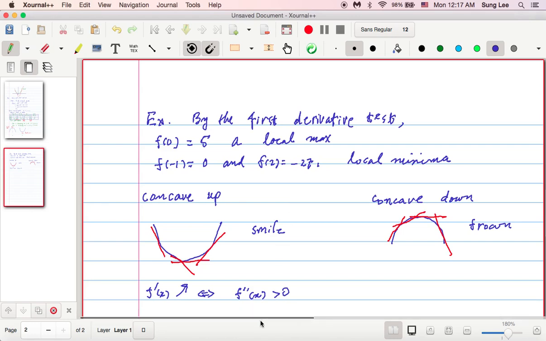Here I applied the increasing, decreasing test. So that's equivalent to saying f double prime of x is positive.